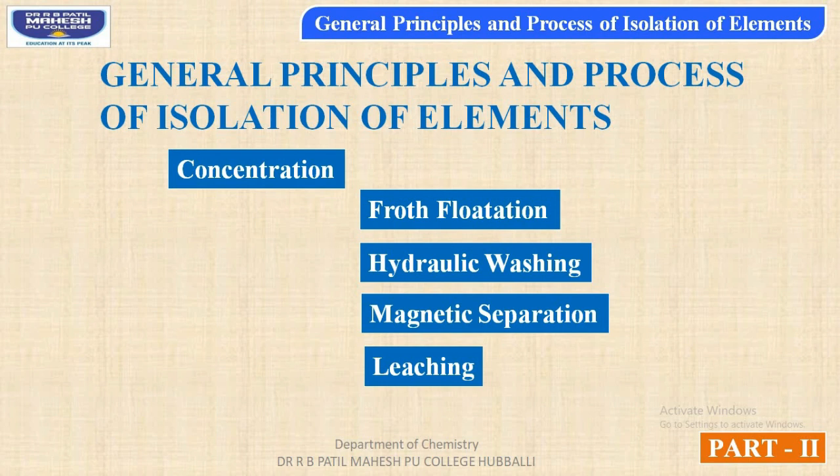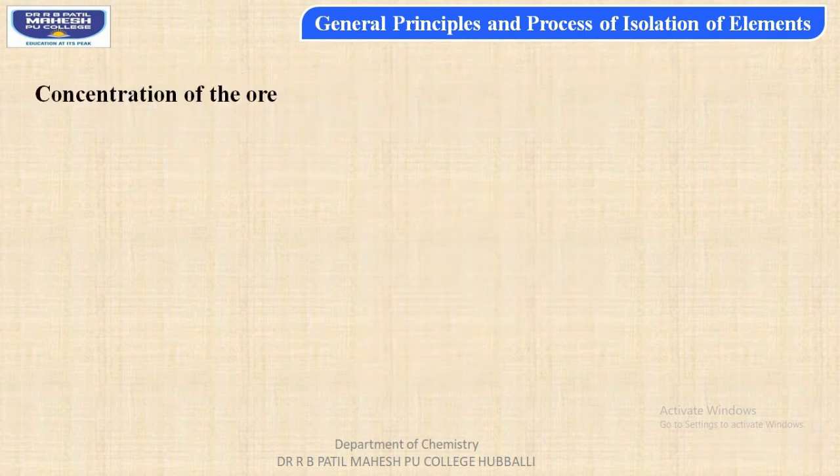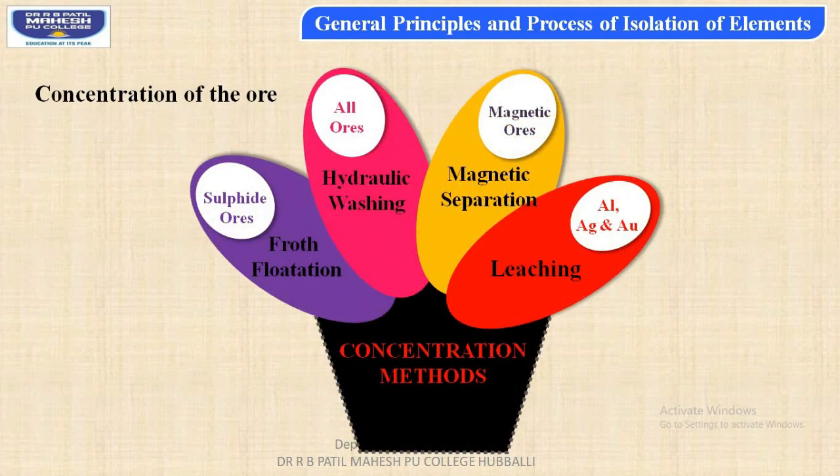So let's continue with the first process, that is concentration of the ore. Concentration of the ore can be carried by namely the 4 different methods which has been discussed with you.